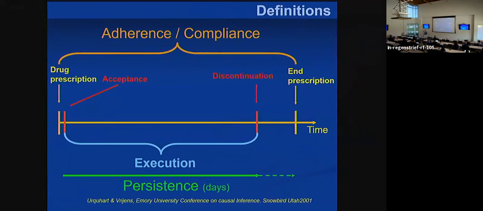So collectively, these things are called adherence or compliance. Usually they don't use the word compliance these days because it was too paternalistic, as in you should use this drug and you don't have any other options. So they thought that adherence was a little bit of a softer term.